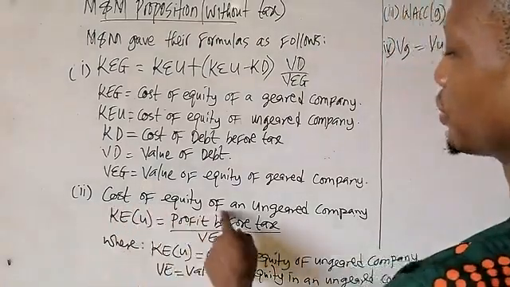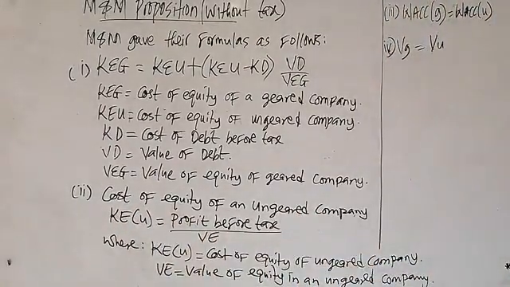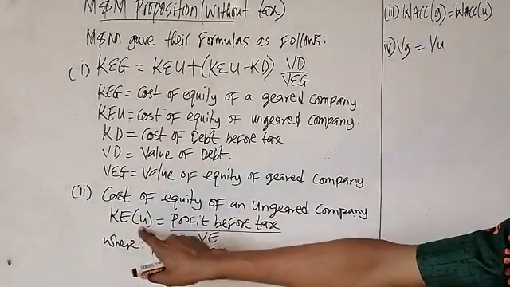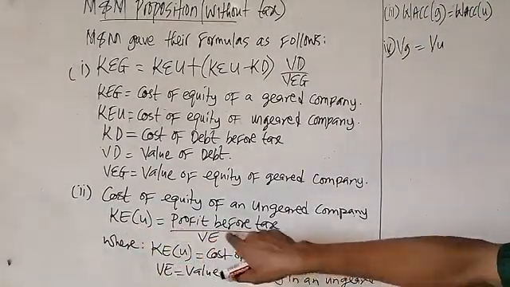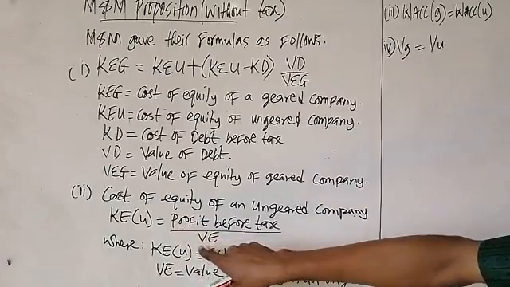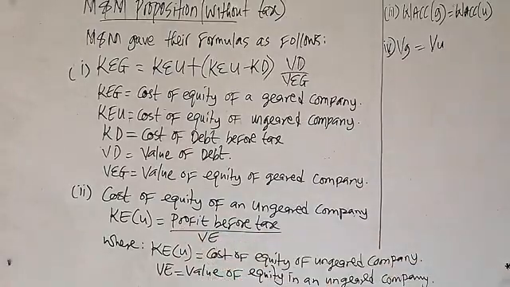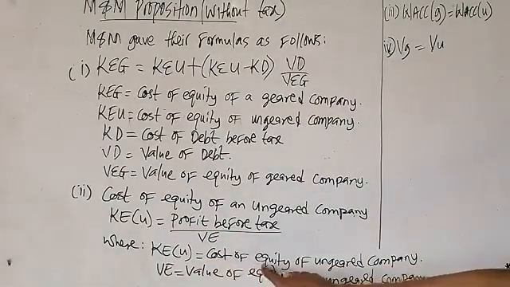Here, the cost of equity of an unlevered Z company is equal to profit before tax all over the value of equity in an unlevered Z company.